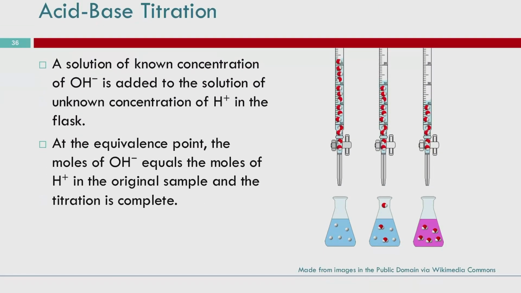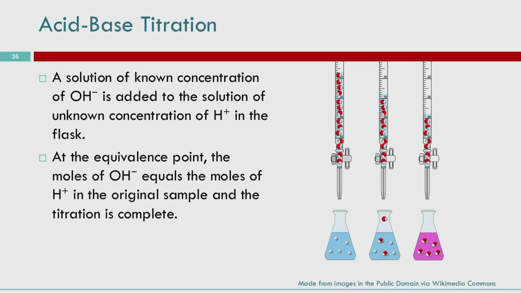What we do in an acid-base titration is we would put our acid down here in the Erlenmeyer flask. And we've got 3 different steps. So we're looking at when we start here in the first one, then this middle one is partway through, and then the last one is when we're done with the titration.